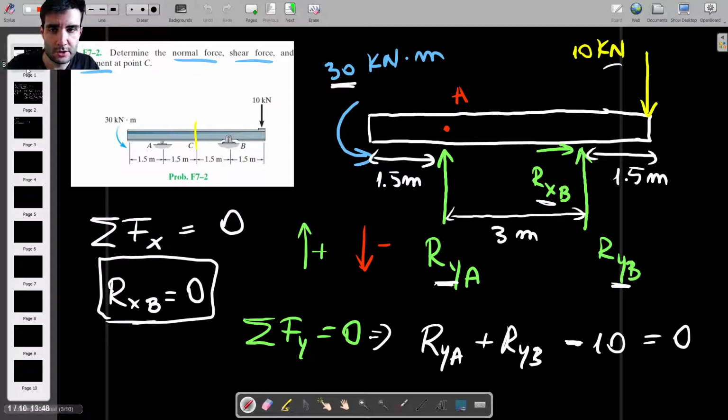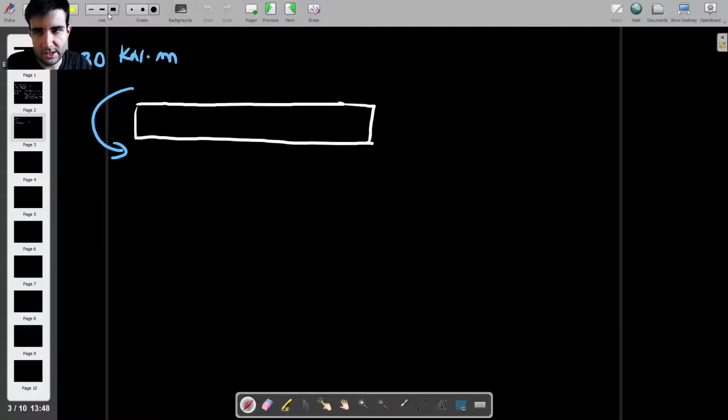Okay, and for the rest of the free body diagram, we have to express the effect of the right-hand side of the beam on the left-hand side of the beam. So in general, we have a normal force here. We have a shear force, which I'm going to draw according to convention as acting downwards.